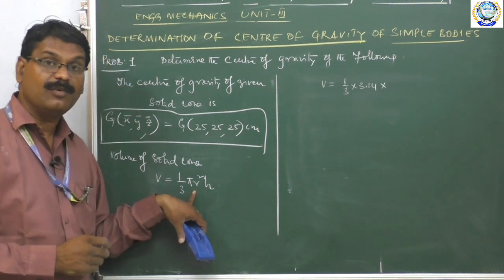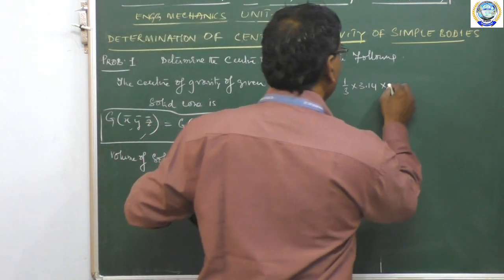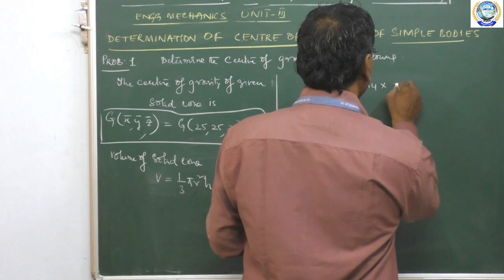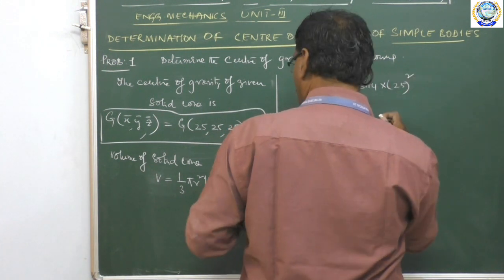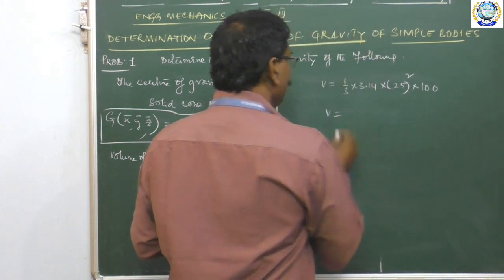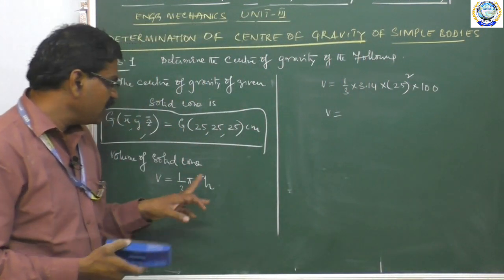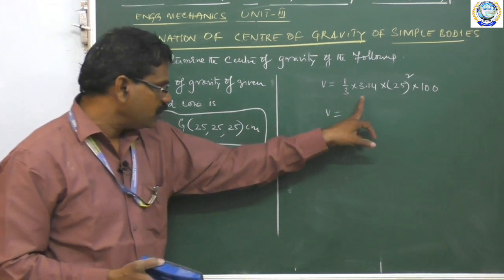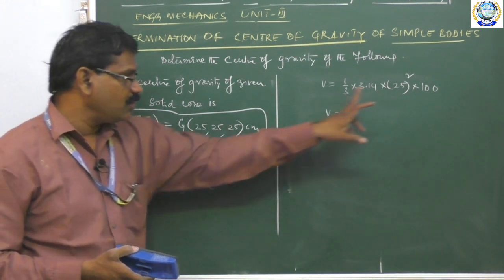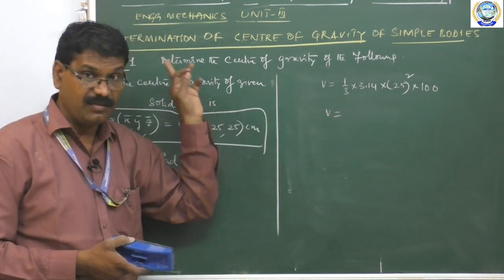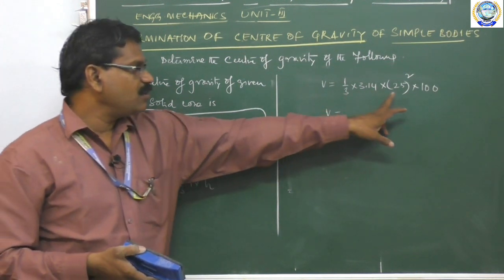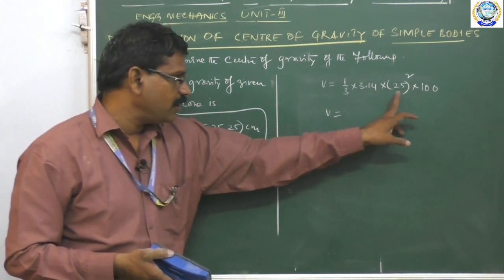My diameter is 50 centimeters, so 50 by 2 is 25. Therefore, 25 whole square into height, which is 100 centimeters. Once again, 1 by 3 into pi value 3.14 is the standard value, and my radius is 25, because the diameter is 50 centimeters and r is equal to d by 2. So 25 whole square into 100.